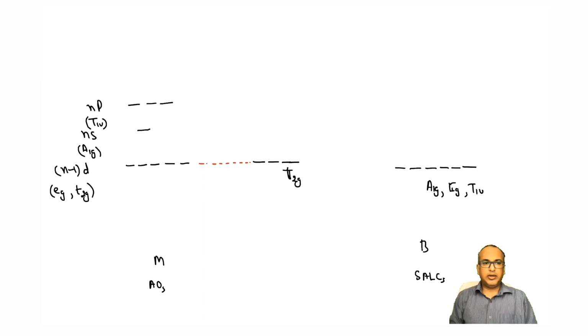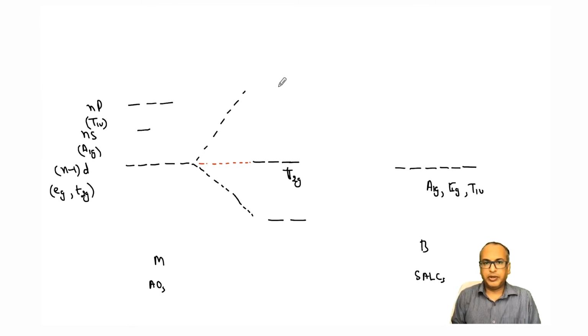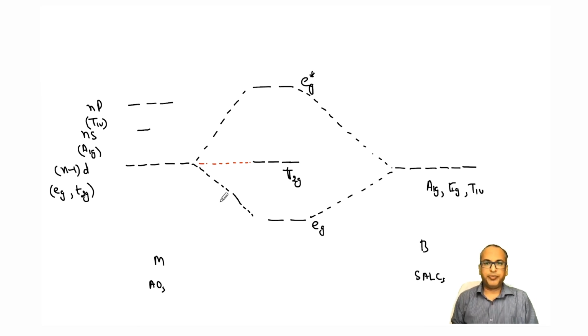Now there are 2 EGs here. So EG will match with EG and you will get 2 bonding and 2 anti-bonding. I will write EG here and EG star over here.